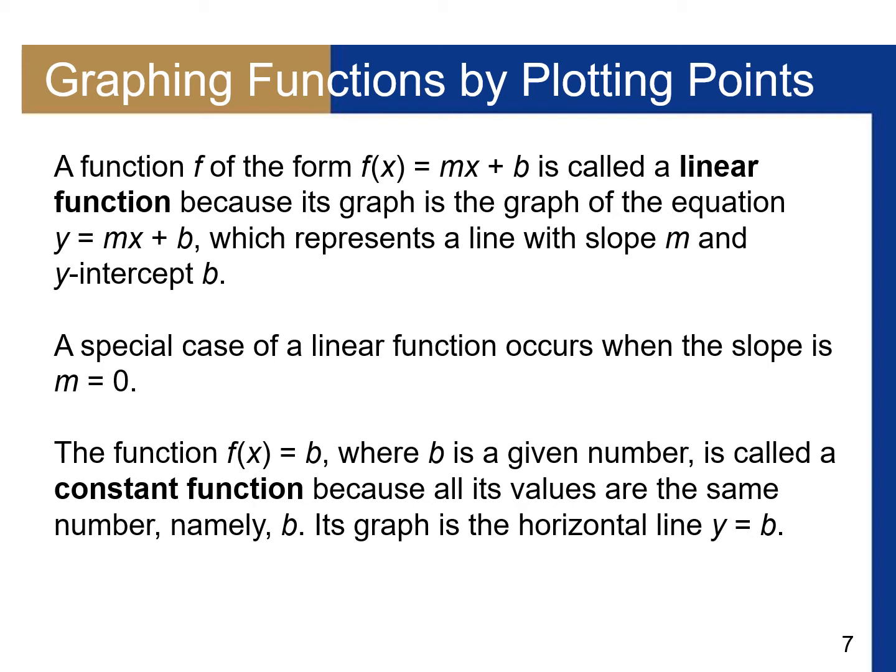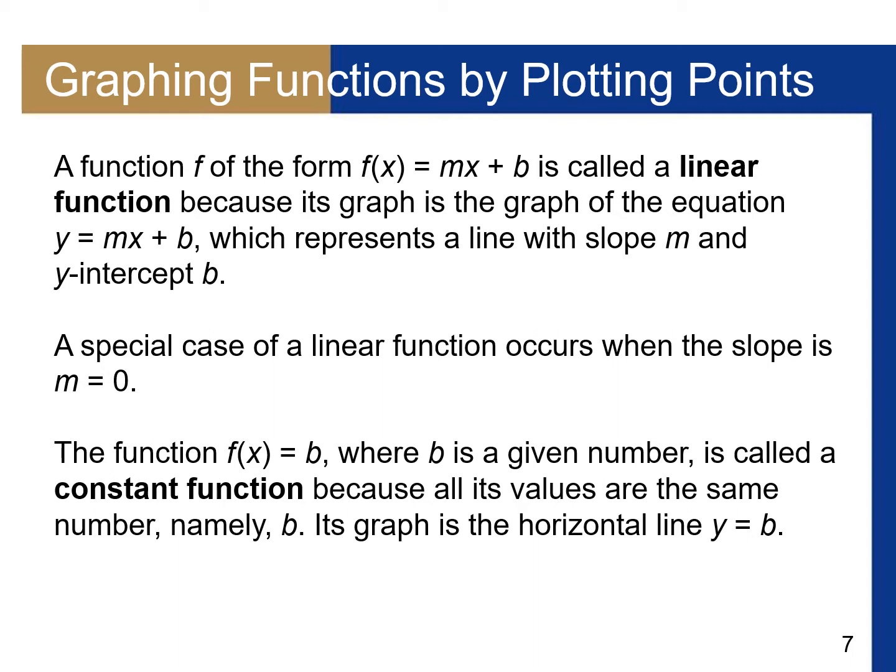A function in the form of y equals mx plus b is called a linear function. Notice I said y equals mx plus b, also f of x. F of x and y are interchangeable because its graph is the equation y equals mx plus b, which represents a line. M is your slope and b is your y-intercept.